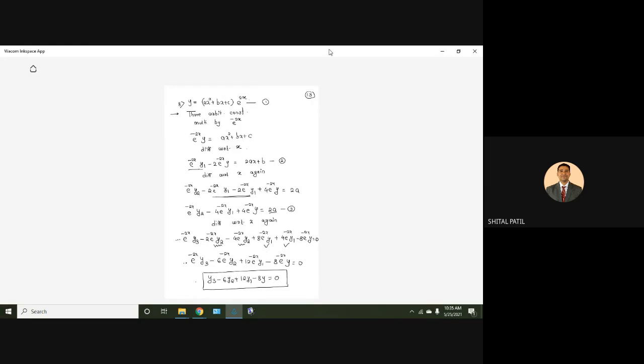If 2ax is there, then the answer is 2a. You are saying the right hand side? Yes, sir. So 2a is a constant, and the derivative of a constant is 0. Right. Therefore, if x is there, then whatever you are saying is correct. Okay, let me continue.